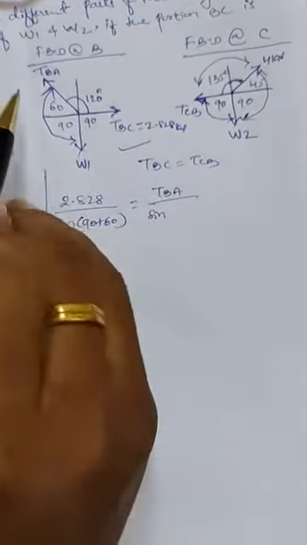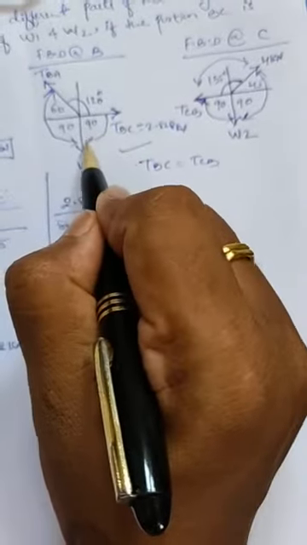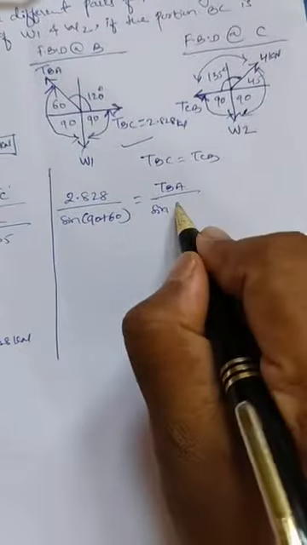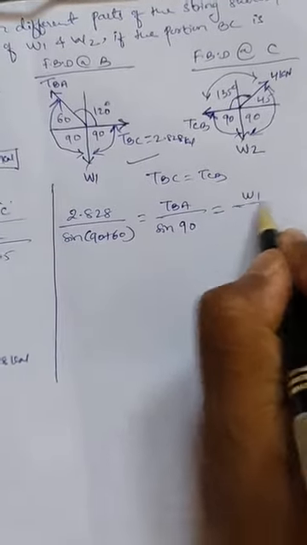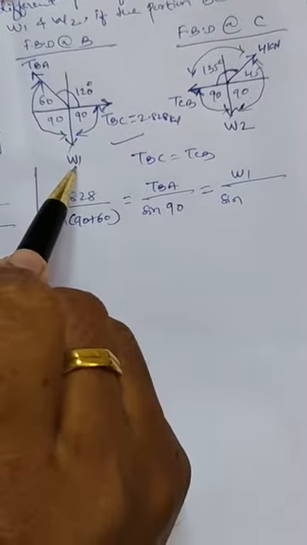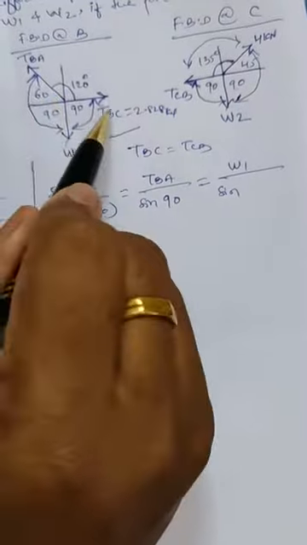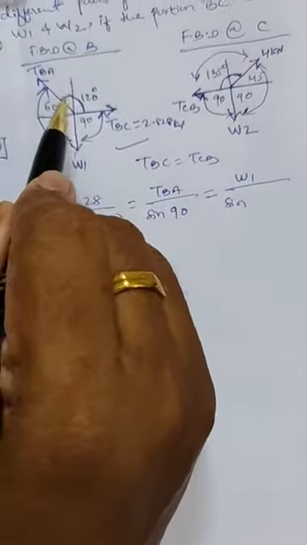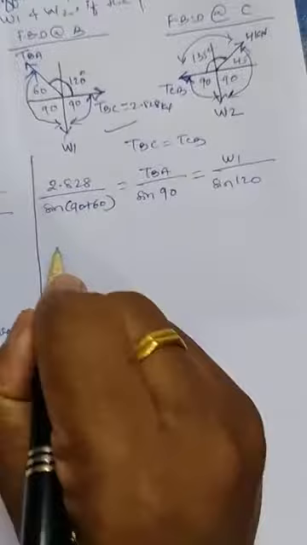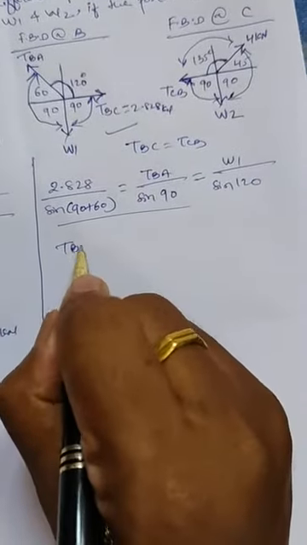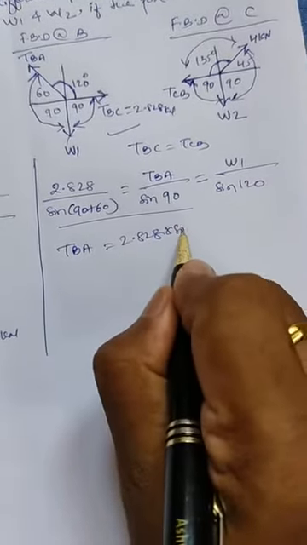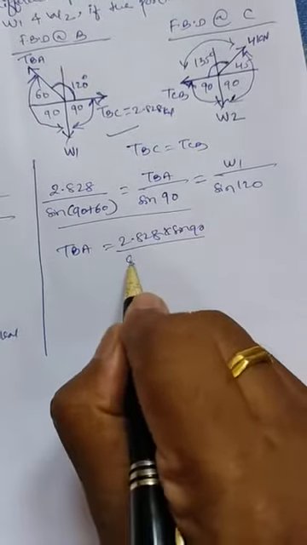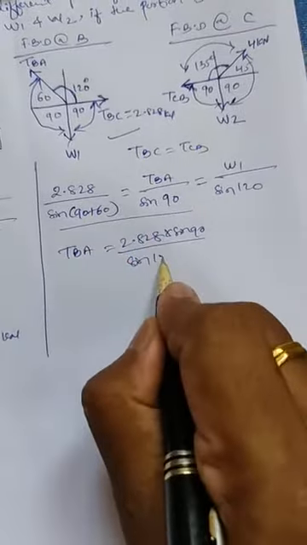Now TBA divided by sine of. When I consider TBA, the opposite two forces are TBC and W1. The angle between these two is only 90. Next is W1 divided by sine of. When I consider W1, the opposite two forces are TBA and TBC. The angle between these two is 120, sine of 120. So if you want TBA, compare first to TBA: TBA is equal to 2.828 into sine 90 divided by sine of 90 plus 60, which is 150.